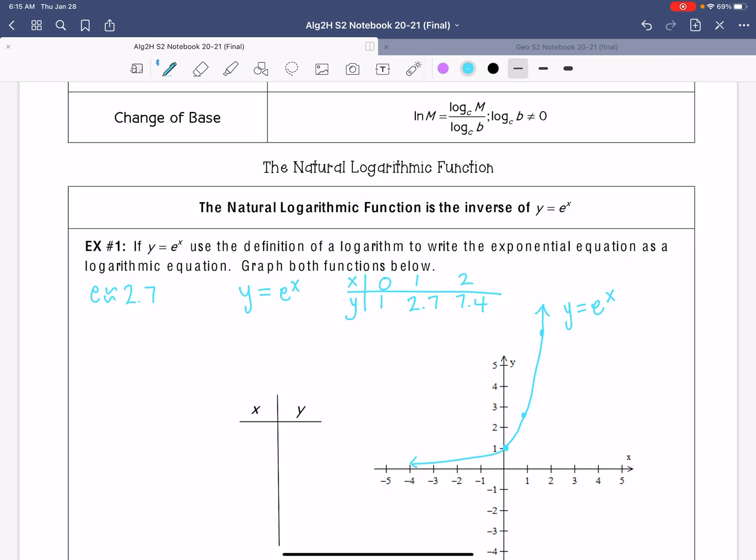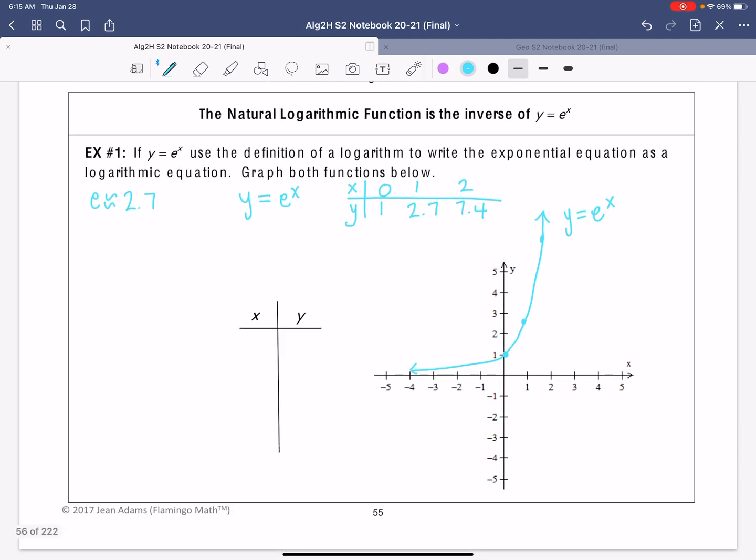All right, now we're going to do its inverse function. So remember, to find an inverse, we're going to swap x and y. So we have y equals e to the x. We're going to switch these, so we get x equals e to the y. Okay, we want to solve for y. Remember, to get something out of an exponential, we change it to a logarithm. Those are inverse operations of each other.